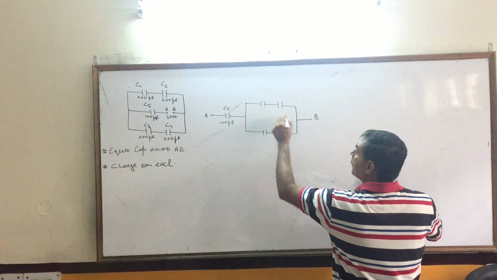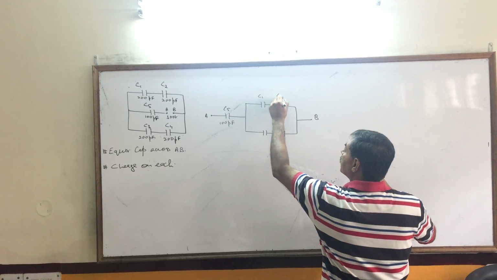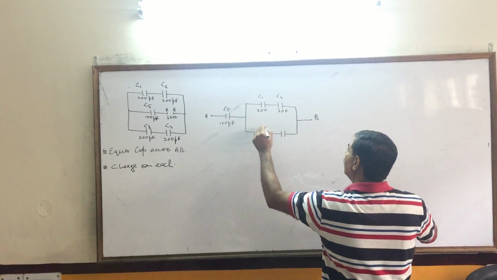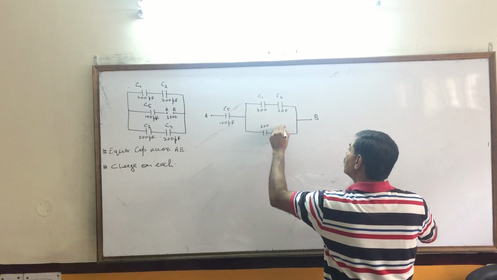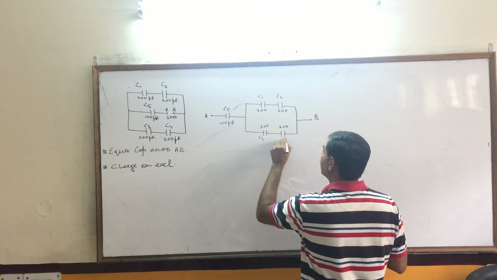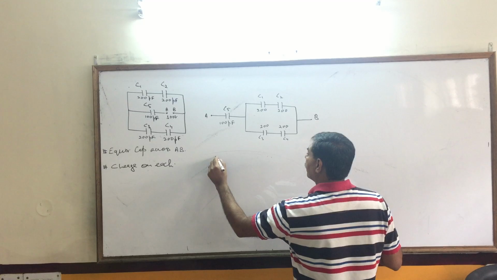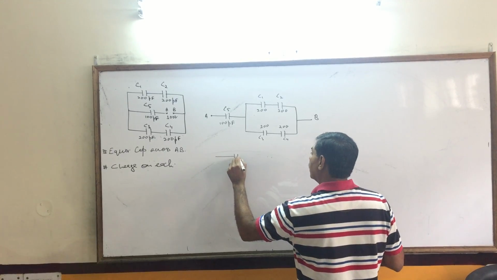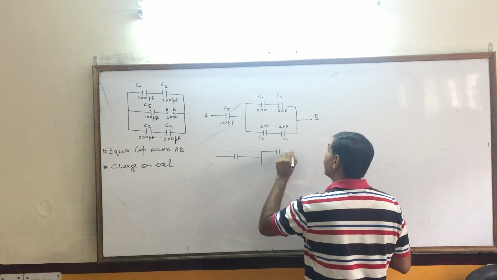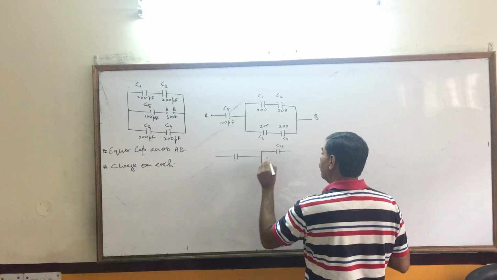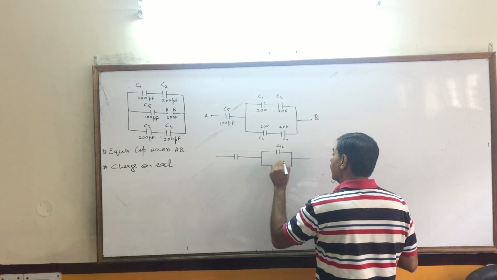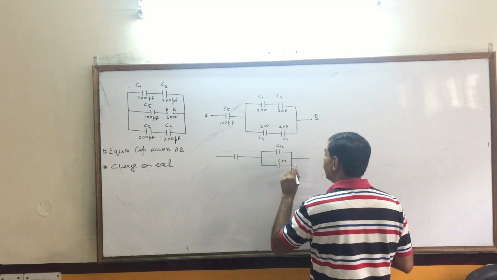This is C1, this is C2, this is 200, all in pico, this is 200, this is 200, this is 200. This is C3, this is C4, C5, C12, C34.